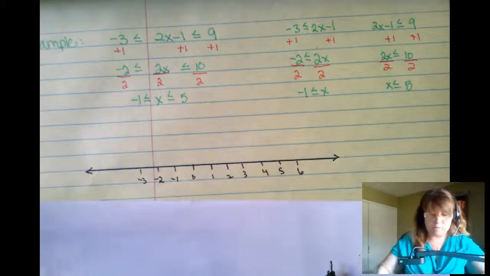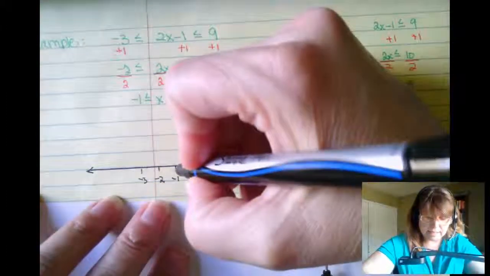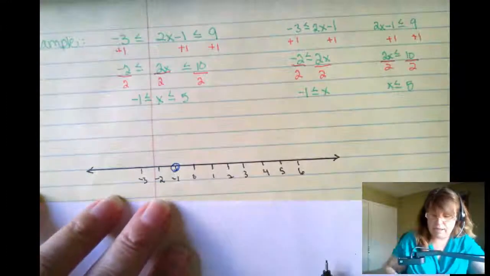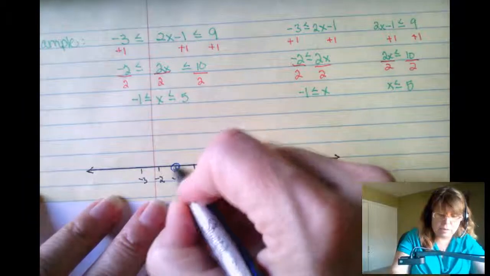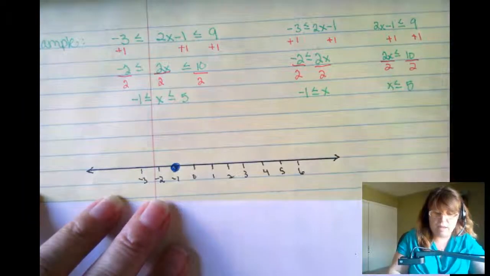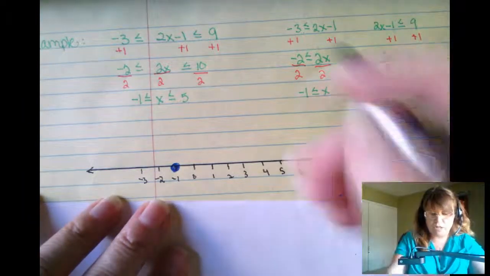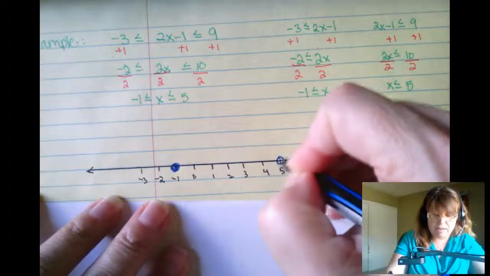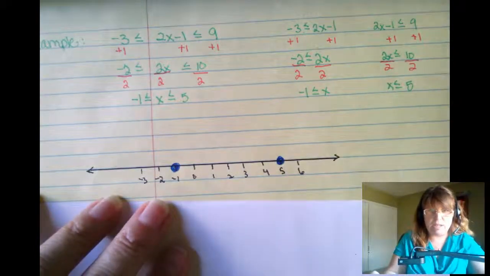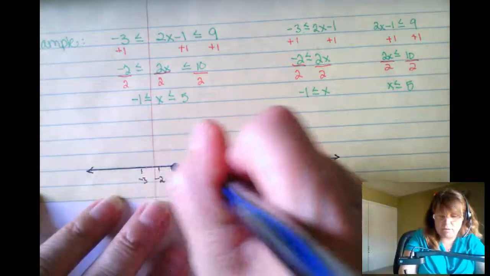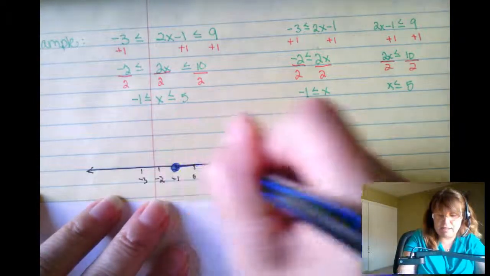So -1 is less than or equal, and it is included, so it's a solid circle. And the top boundary is 5, and again that is included, and therefore everything in the middle is the solution set.